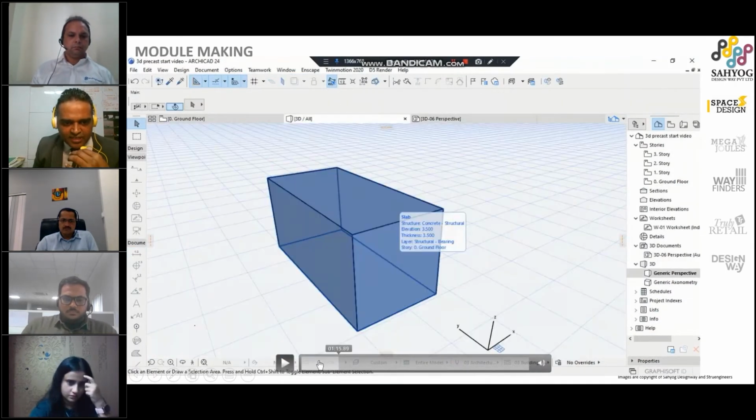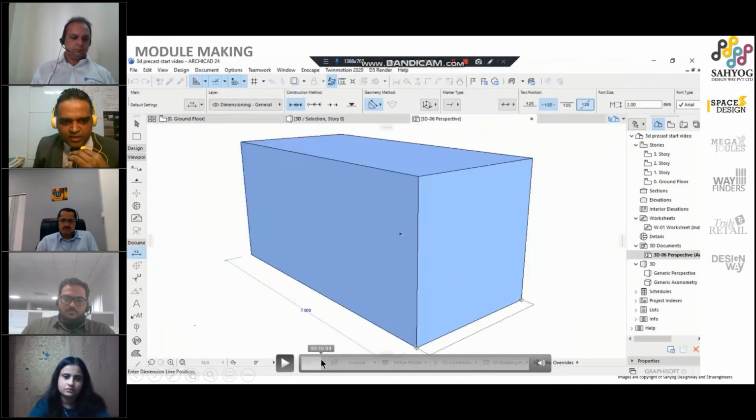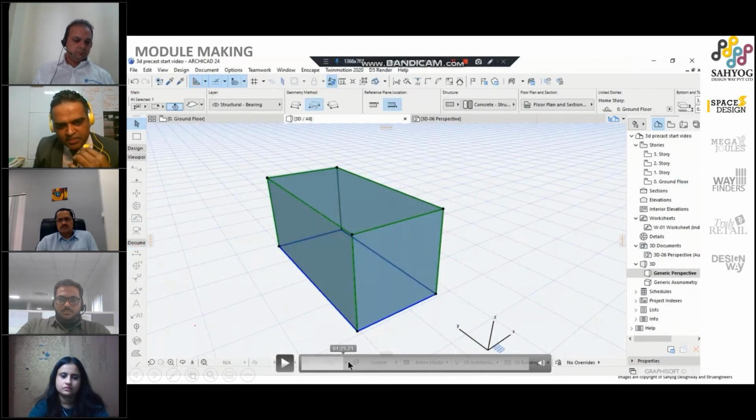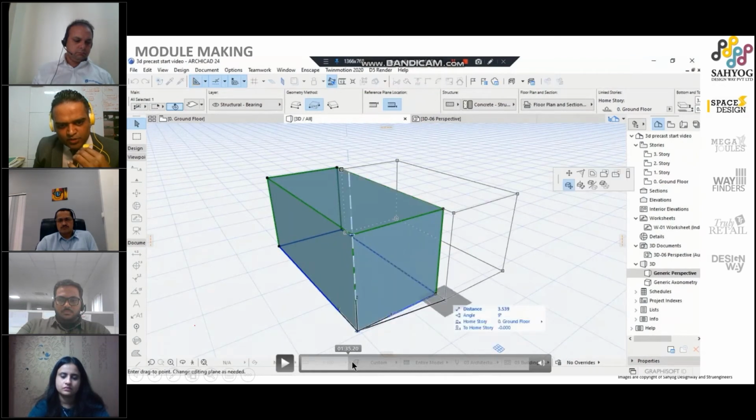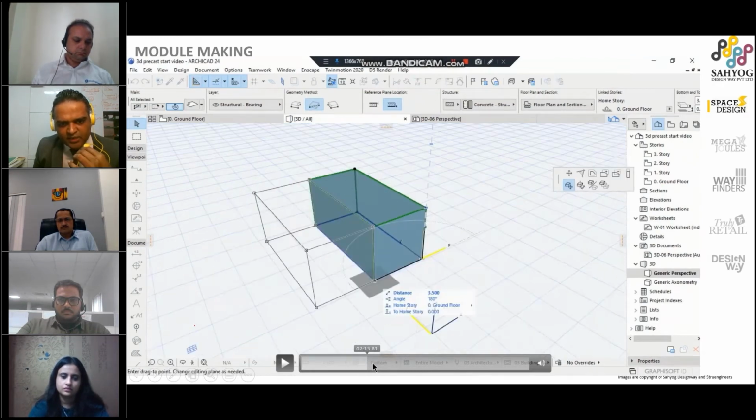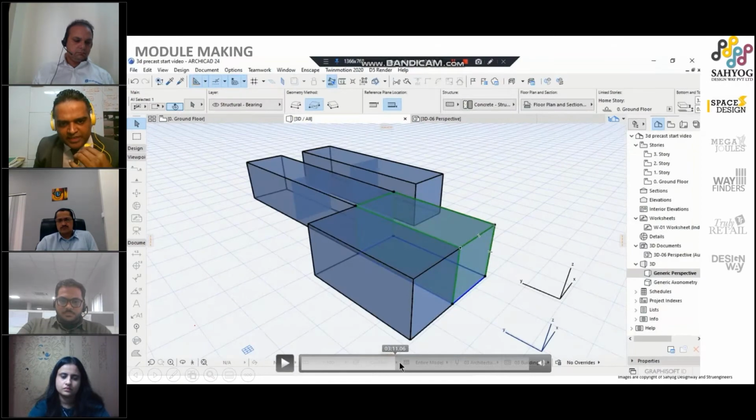So the sizing, if you can look at it, is 7.5 meter by 3.5 meter and 3.5 meter height. That's the volume of one PVC 3D precast module, and then making it into modules of different types.